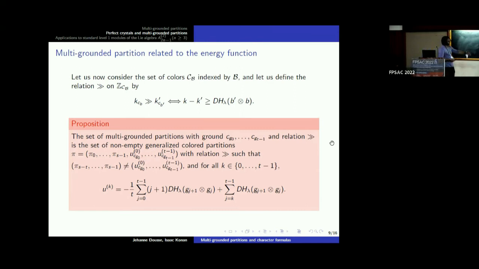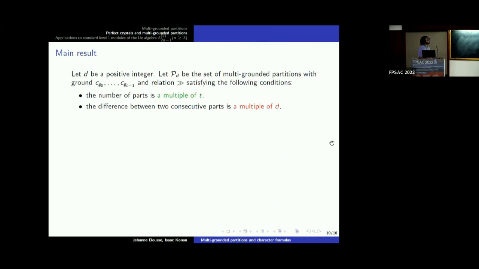And with this definition, you add another assumption. The set to consider is the multi-ground partition with our ground, say G0 and so on, up to G t minus 1, and the relation that we defined in the previous slide.